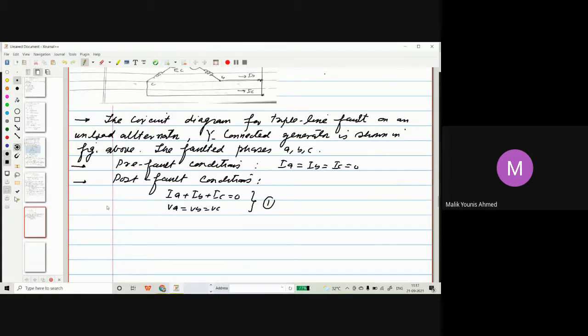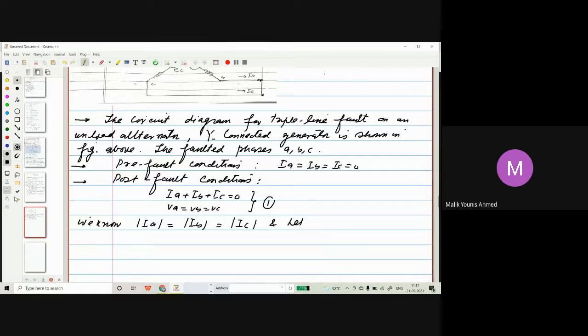So here we can see the magnitudes. If we take the magnitude of IA, that will always be equal to IB, which will be equal to IC. Pre-fault, not at the time of fault. When the fault has not occurred in the system, then the magnitudes will be the same.